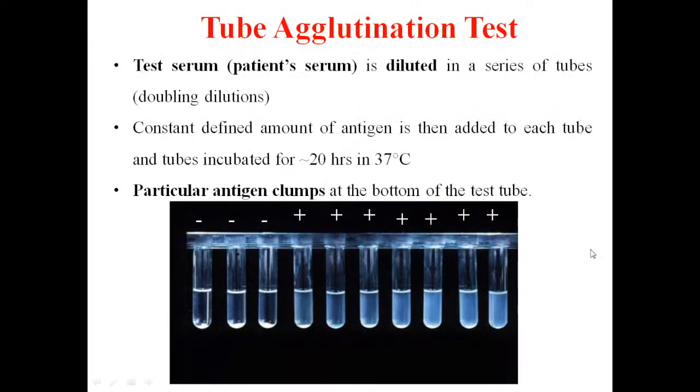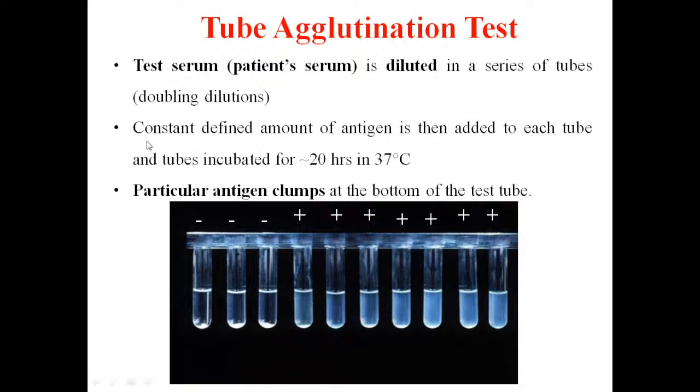Another variant of direct agglutination test is tube agglutination test. Test serum, patient serum, is diluted in a series of tubes, doubling dilutions. You can see these tubes. This test is used to detect amount of antibodies, or titer of antibodies.